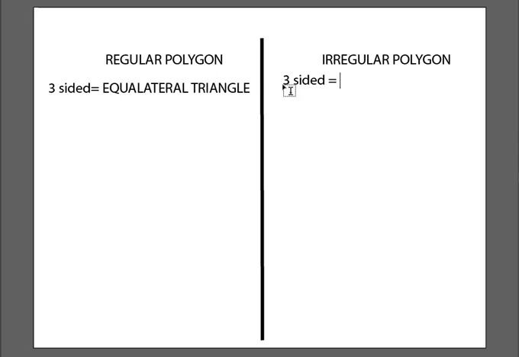We've got one irregular polygon that has got 2 equal sides and 2 equal angles. What is the name that we give to that irregular polygon?